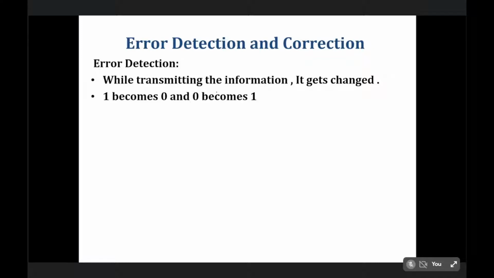So the transmitter or the sender is sending some kind of information, but while it travels through the medium, because the information is in the form of a combination of 0 and 1, it happens that 0 will get converted into 1 or 1 will get converted into 0 because of the noises associated with the mediums or the circuitry.